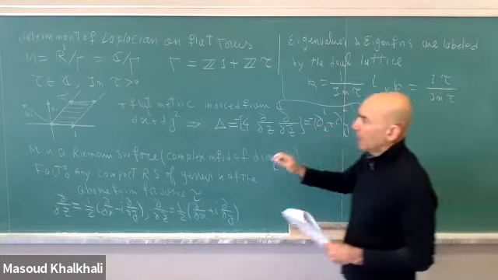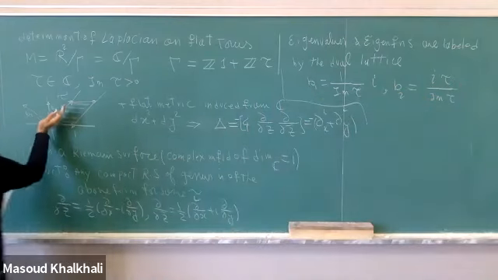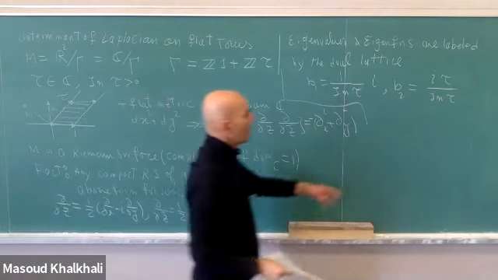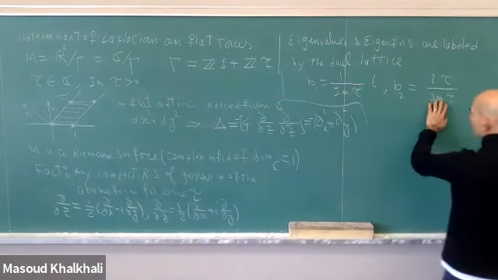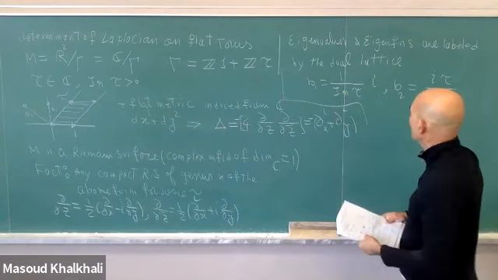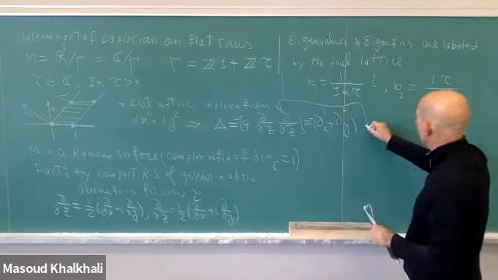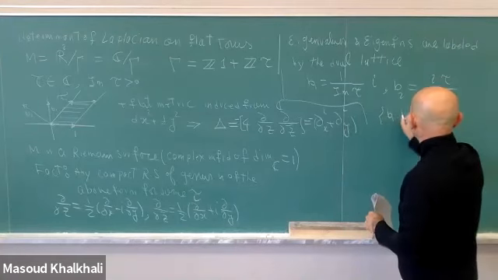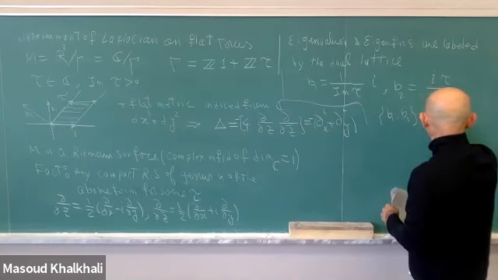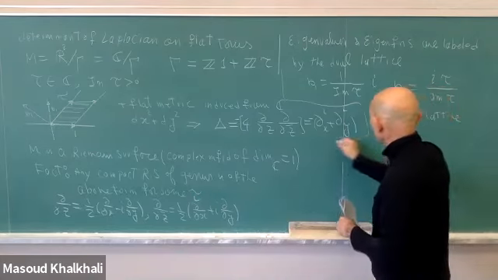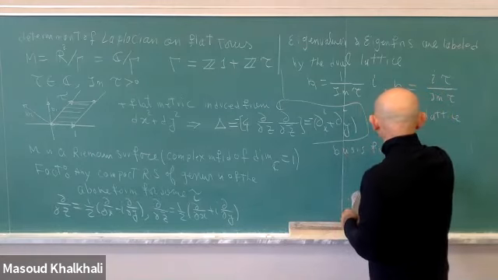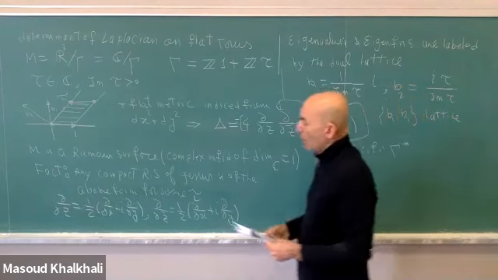Of course, i makes sense because when you multiply by i, you rotate by 90 degrees, and then dividing by this positive number, the imaginary part of tau, takes care of the normalization. So this is the lattice basis for gamma star.